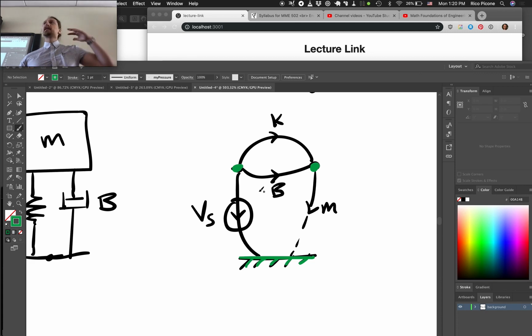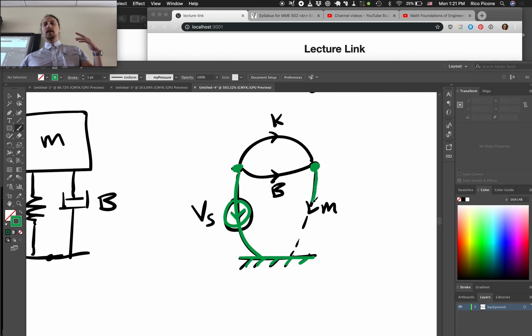So we select elements in descending order of priority, starting with across variable sources. So there's our across variable source. And then the next thing down the list is A-type energy storage elements.